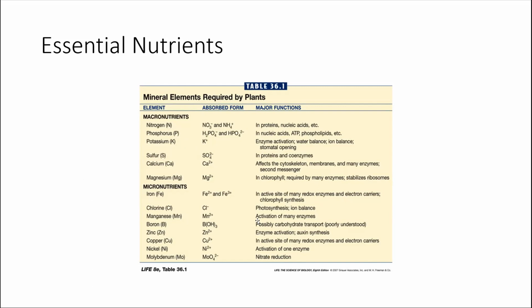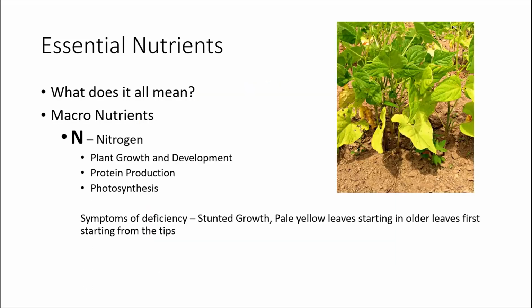It's very important for those purposes. For intro to horticulture, in my opinion, we want to know what the nitrogen does for the plant, not necessarily every single reaction that happens within the plant. So we're going to look at the essential nutrients, what they actually mean, and what they do for the plant.